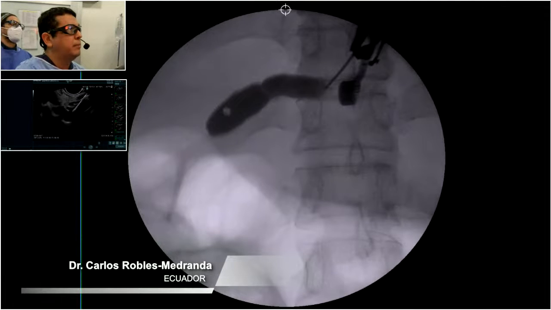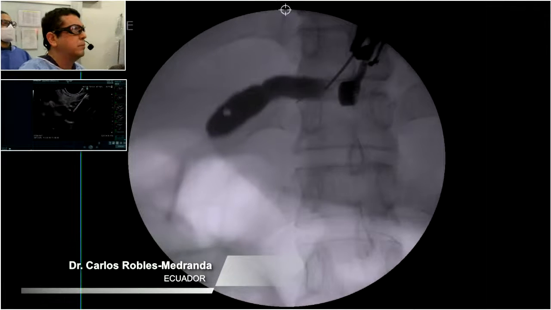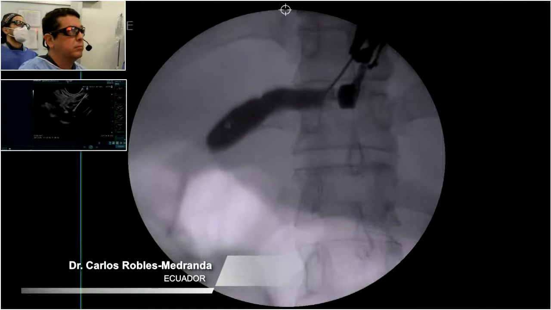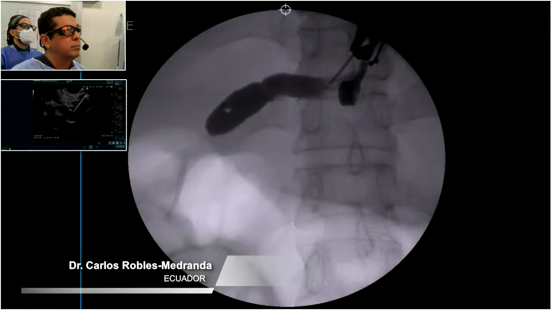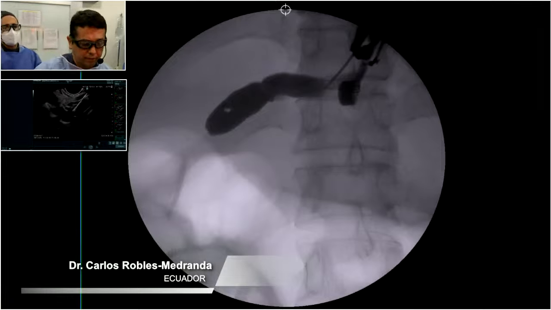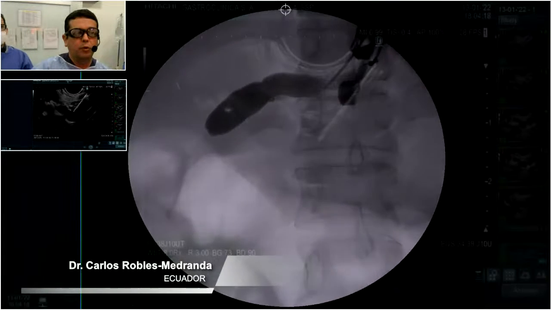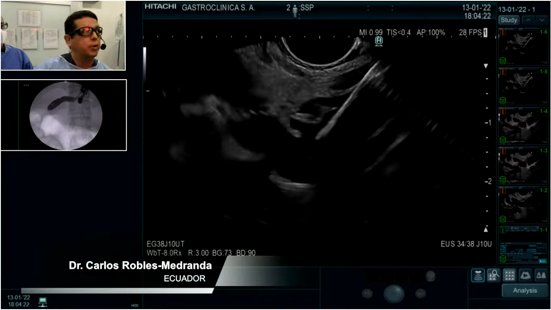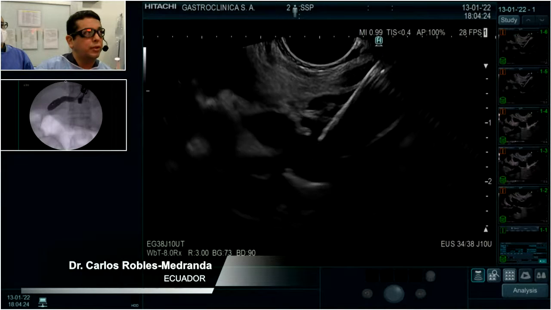Okay, para. No hagas nada. So this patient has cholangitis, y más contraste. I need more contrast. I need to see very well the whole biliary tract to do the right strategy.